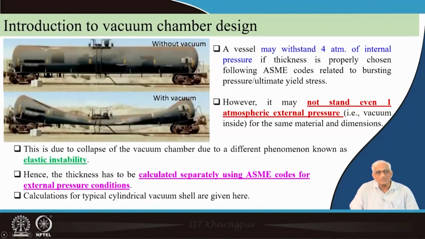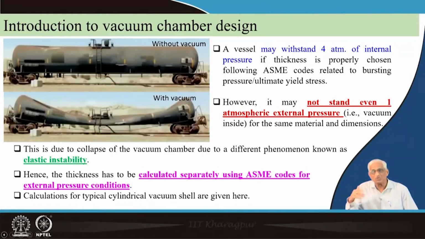When you look at this figure, you can get a feel. Any metallic vessel can withstand 4 atmospheres of internal pressure, with outside atmosphere, as per ASME codes; you can design for it also. Roughly, the same vessel, under similar thickness and similar length and diameter ratios, etc., may not withstand even 1 atmosphere of external pressure.